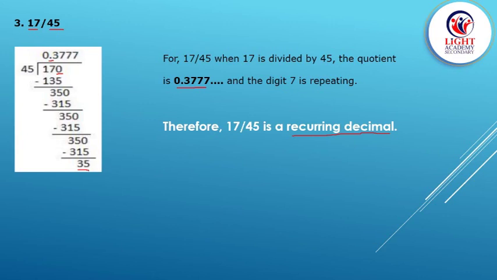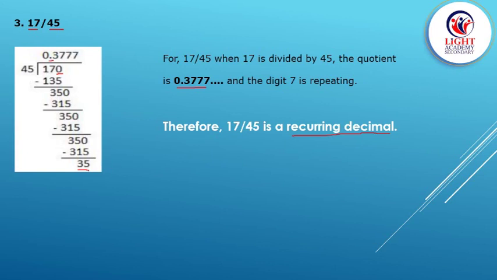So it will go like that. 0.377777, it goes on infinitely, meaning you cannot count the numbers, because you are not getting the last number as a 0. That's why it goes on the same, 0.377777, like that.